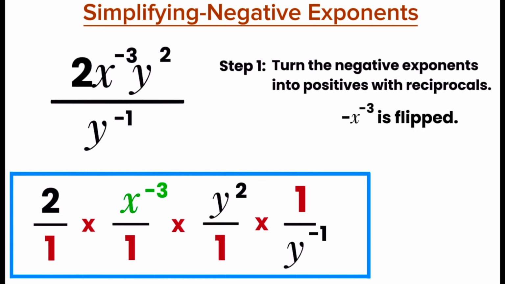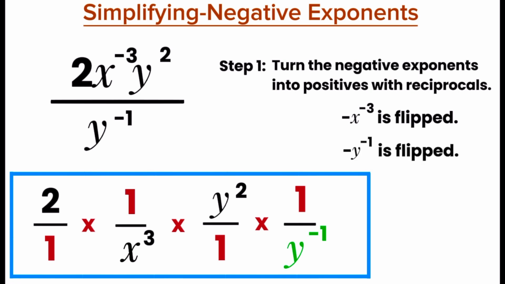So the numerator, x to the power of minus 3, moves from above the division line to the denominator. Now we do the same thing with y to the power of minus 1. It's moved from the bottom and flipped to the top. When the expression is rewritten with positive exponents, it now looks like this.